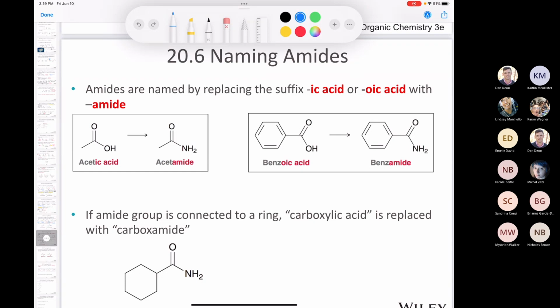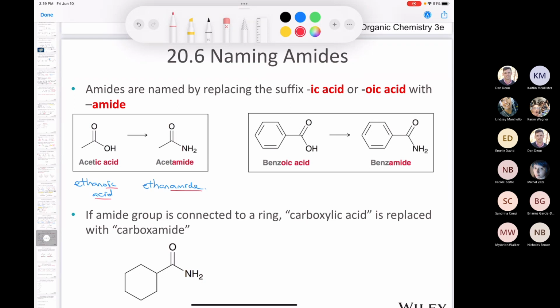So if we look at the systematic name, this would be ethanoic acid. And if you wanted to name this using systematic nomenclature, you would call this ethanamide. All right, we've just replaced that oic acid with amide. Benzoic acid becomes benzamide.